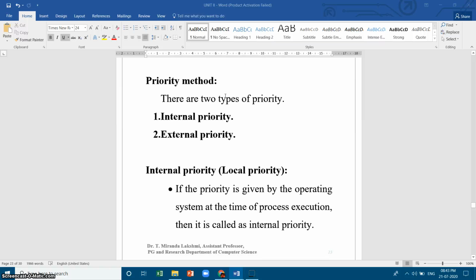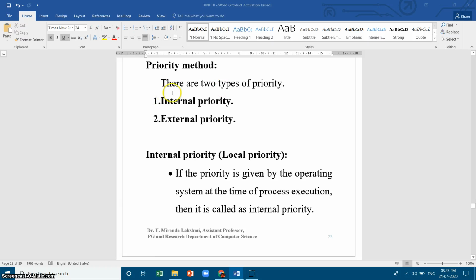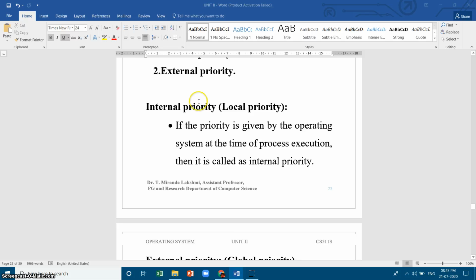Next you are going to see about your priority method. There are normally two types of priority. We will say it as internal priority. The other one is external priority. The internal priority is otherwise called local priority, and the external priority is otherwise called global priority. What is the meaning of internal? If the priority is given by the operating system at the time of process execution, then it is called internal priority.